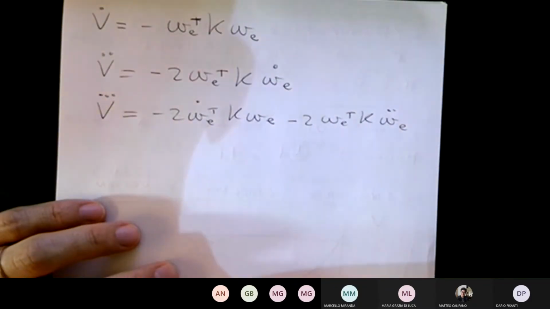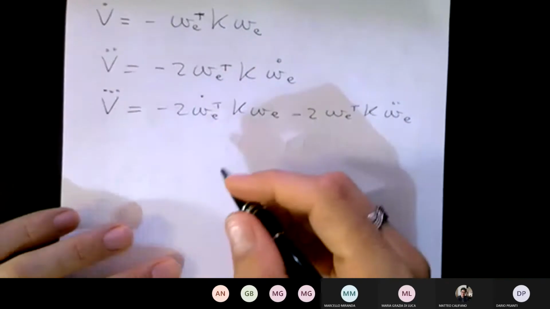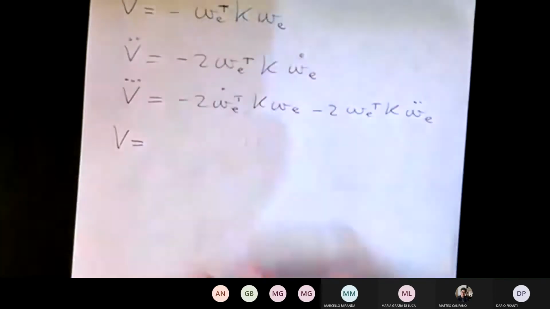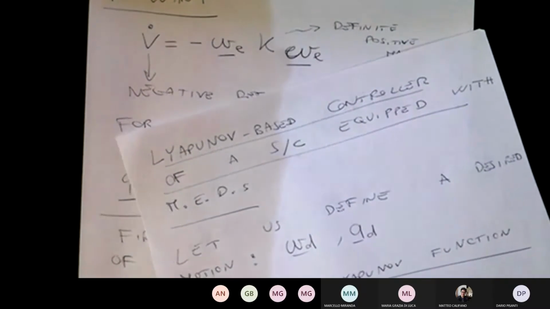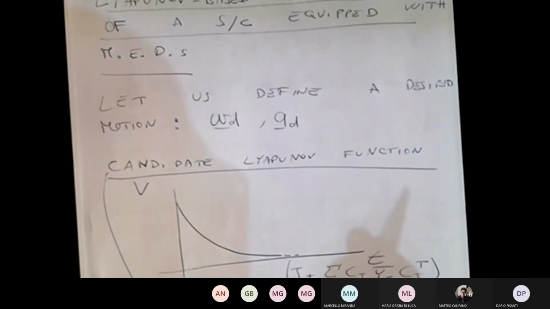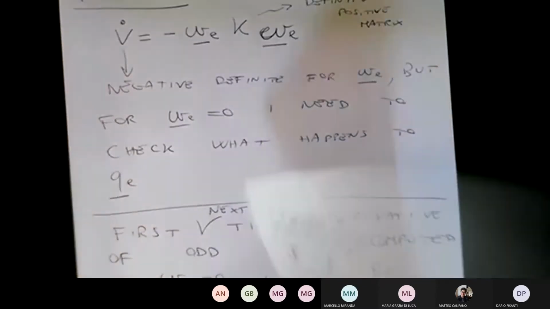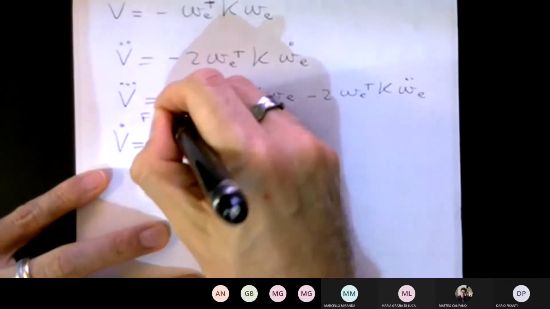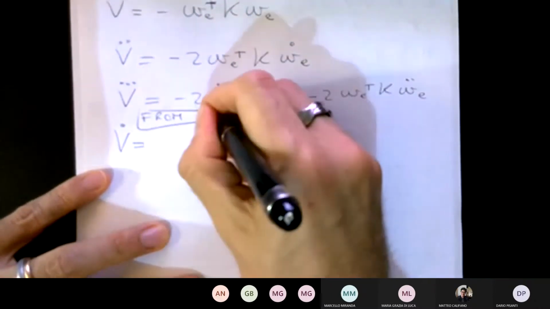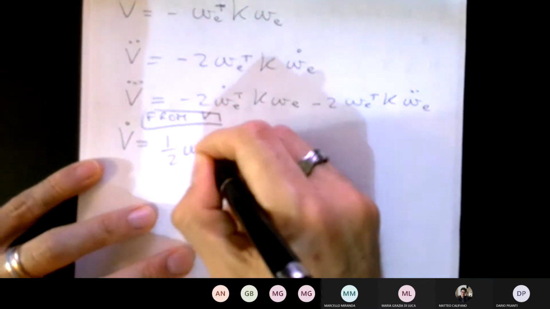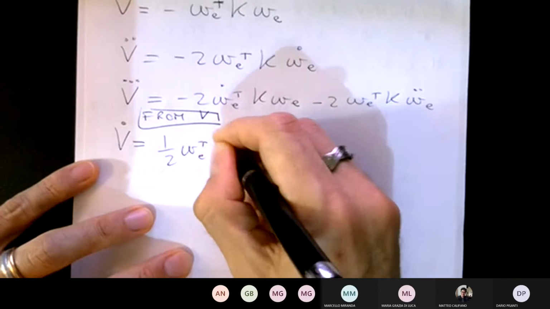Remember the candidate Lyapunov function? That was actually, what did I write it? Right here, this. So this was my Lyapunov function candidate. How about I take the time derivative for this? Let's do it. So from the actual definition of V, it is 1 over 2 omega error transpose J total dot.